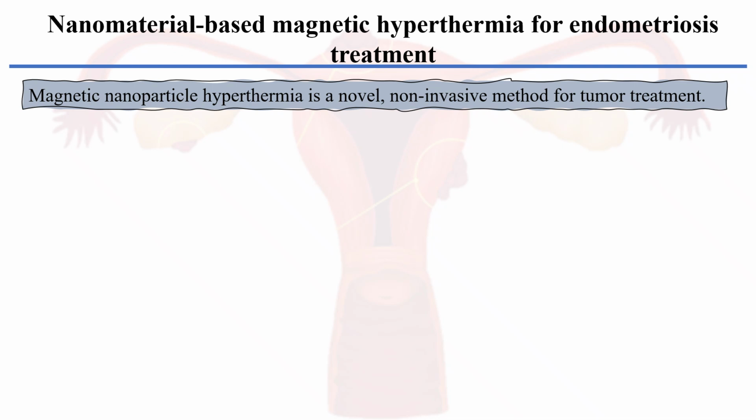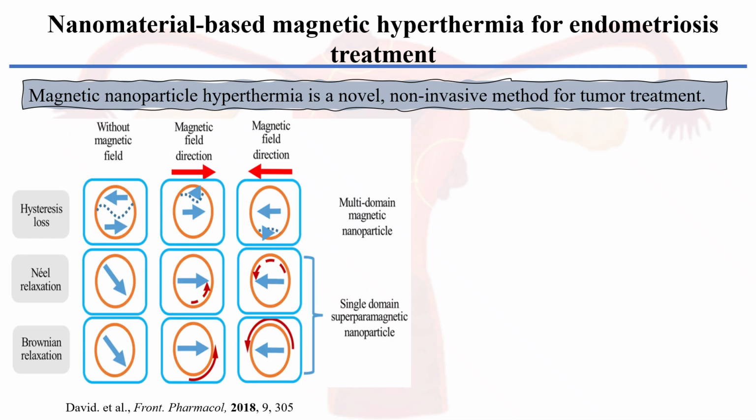As we know, magnetic nanoparticle hyperthermia is a novel non-invasive method for tumor treatment, and these magnetic nanoparticles are delivered to the tumor region and induce the generation of heat under an alternating magnetic field via hysteresis loss or relaxation, either Neel or Brownian relaxation. Then these tumor cells are killed when the local temperature exceeds 42 degrees Celsius and above.